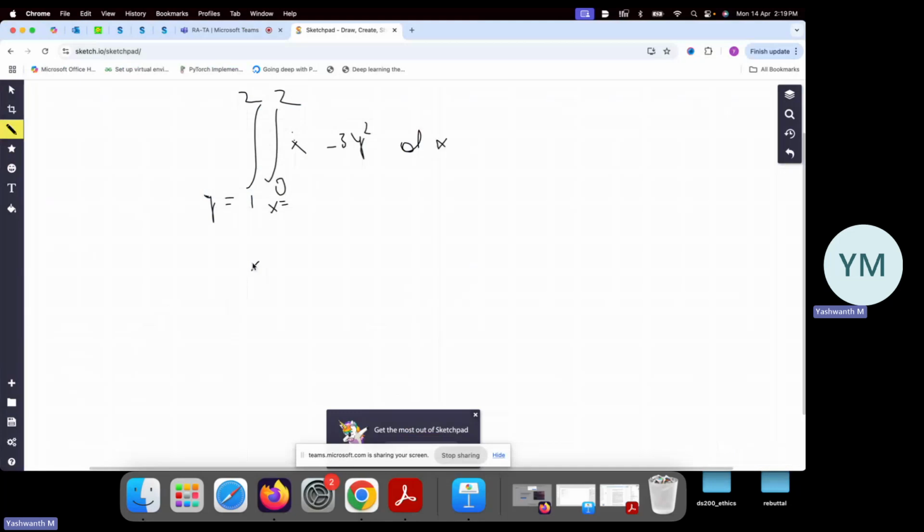So this is nothing but x squared by 2 minus xy squared, going from 0 to 2. At 0 it is 0. So at 2 we have 2 minus xy squared, y going from 1 to 2, dy.